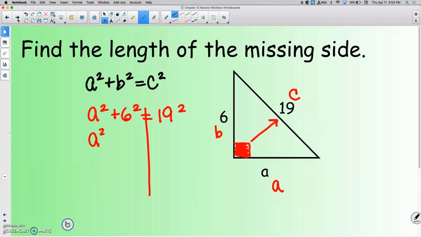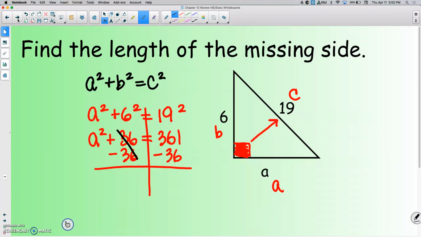So A squared plus 6 squared is 36 equals 19 squared, which is 361. This time, our equation has numbers on opposite sides, so I need to subtract the 36 to figure out what A squared is equal to, because I need my variable to be by itself.